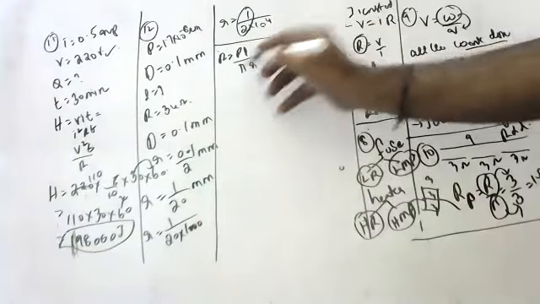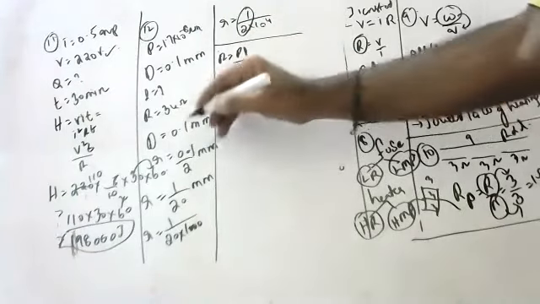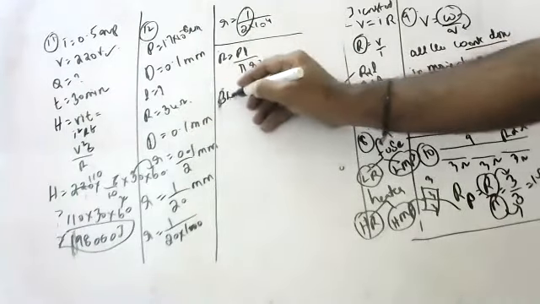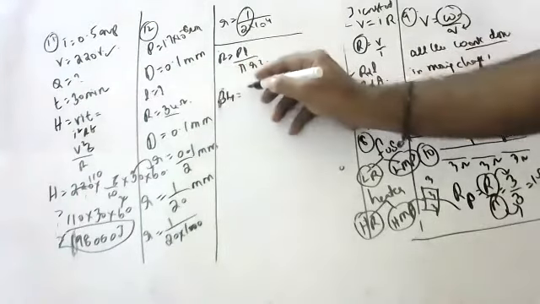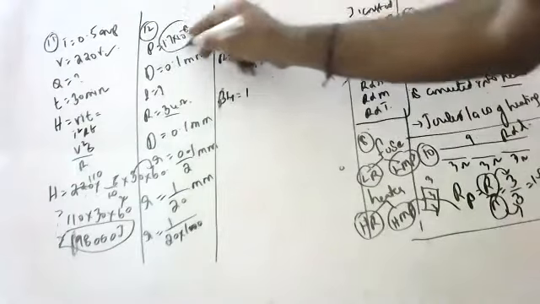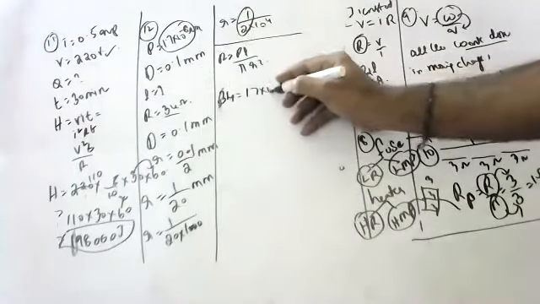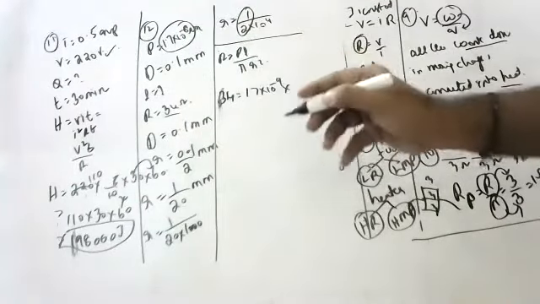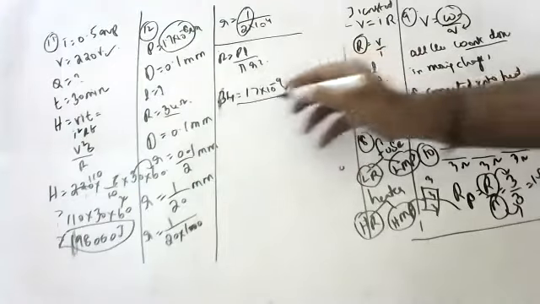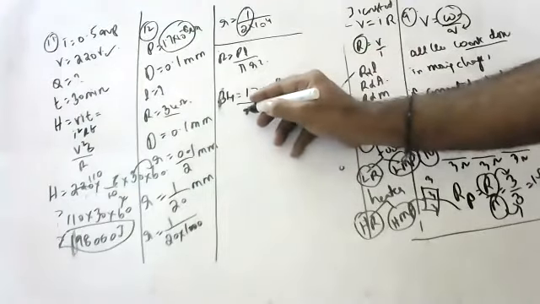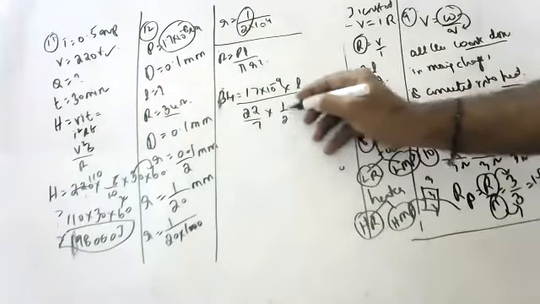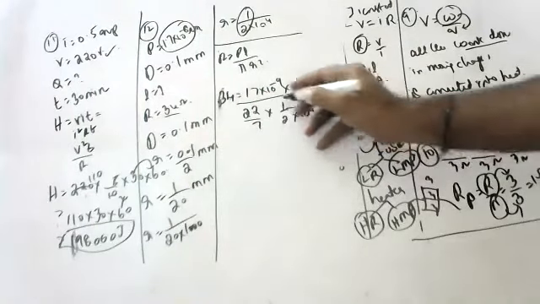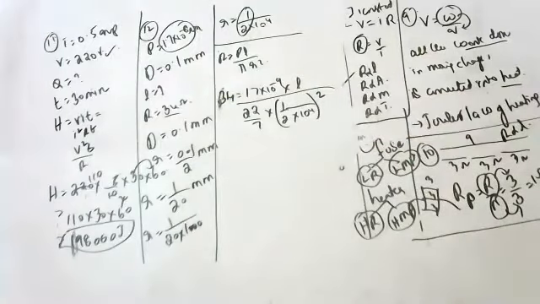R equals rho L by A. 34 equals 1.7 into 10 to the power of minus 8 into L by 22 by 7 into 1 by 2 into 10 to the power of minus 4 whole square.